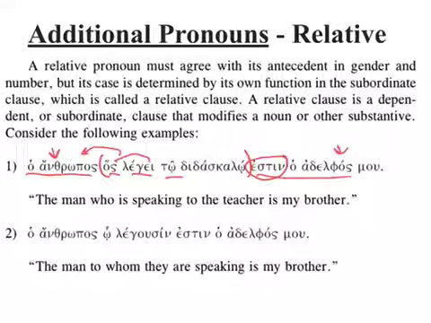So the man who is speaking to the teacher is my brother. This is a little different than a participle, which can be used sort of in the same way, the one who's speaking. A participle is describing the main verb, whereas the relative pronoun is more describing the noun or the adjective in this case.